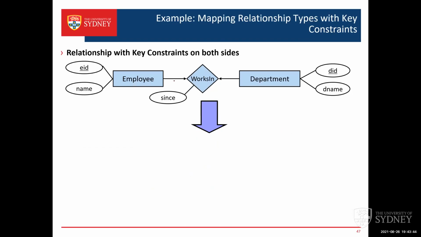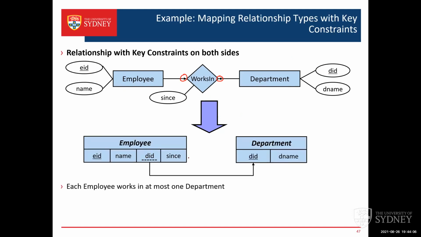What about this one? I have arrow on both sides. This is 1-to-1, someone said it. So if it is 1-to-1, then what can we do? Should we take EID to DID or DID to EID? Both are correct.